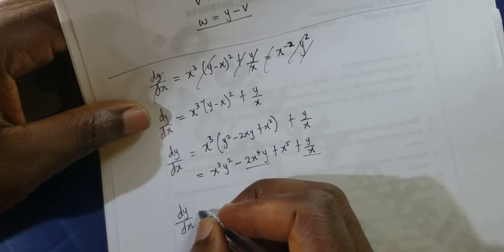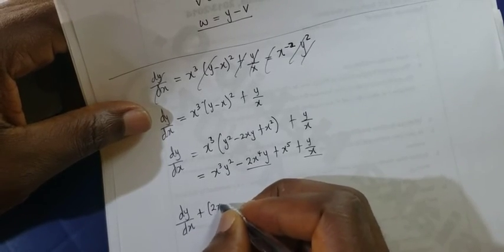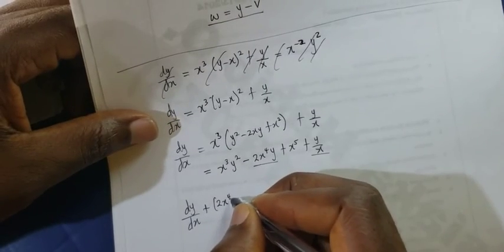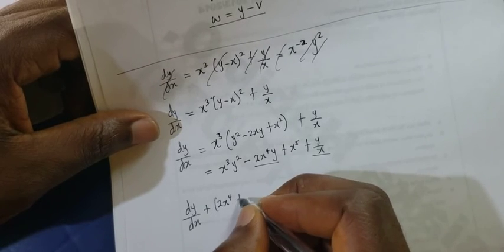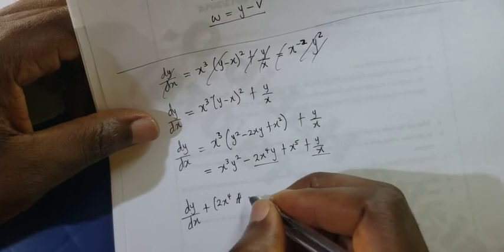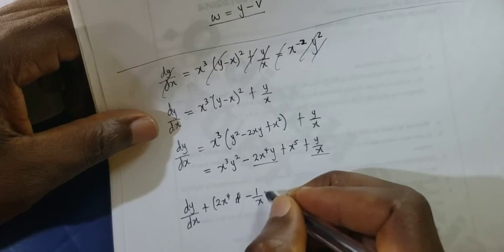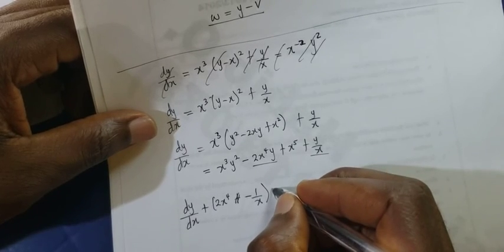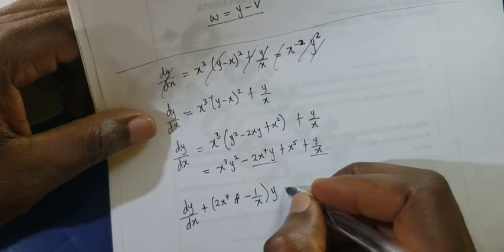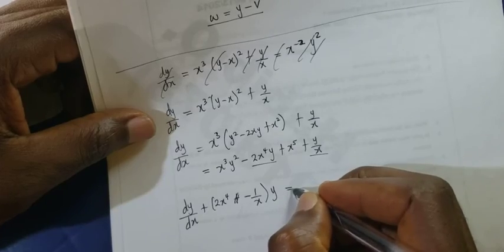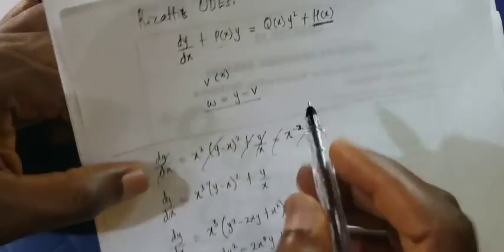That will become plus 2x to the power 4, then minus 1 over x, multiplied by y, is equal to q of x times y squared.